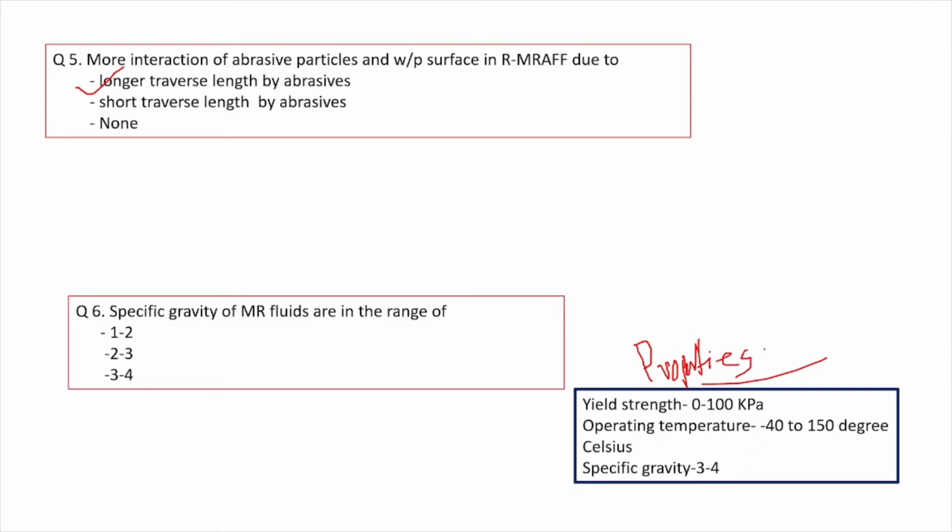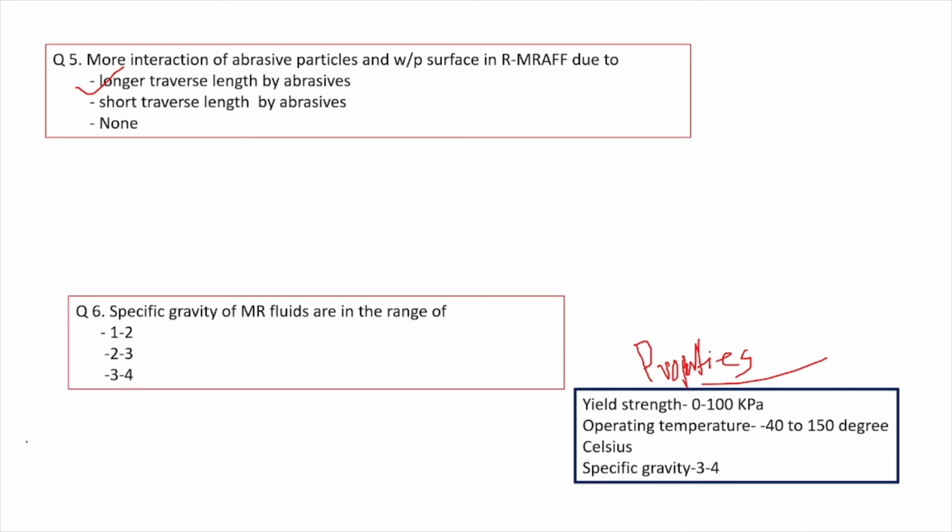You may get one assignment question asking what the range of yield strength is. So you have to answer 0 to 100 kilopascal. Okay, the range of operating temperature will be minus 40 to 150 degrees Celsius, and the specific gravity range will be 3 to 4. So you have to remember the properties of MR fluid.